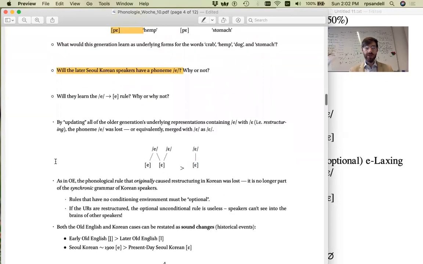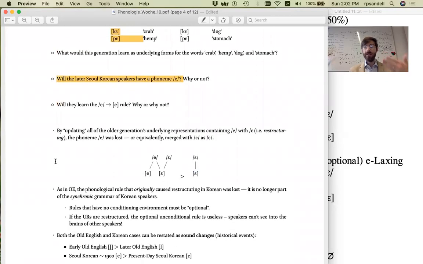So just as in Old English, the same set of events has come to pass. So there was a phonological rule that led to restructuring of underlying representations, but then is lost from the synchronic grammar of the speakers.